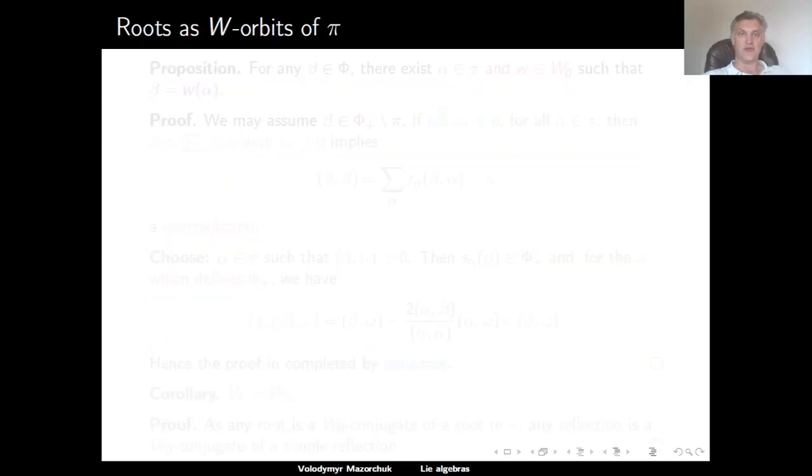In order to prove this, we start by considering the W orbits of the elements of our basis. So here the claim is that for any root beta in phi, there is a root alpha in our basis pi and an element w in the group W0 such that beta is equal to w of alpha.